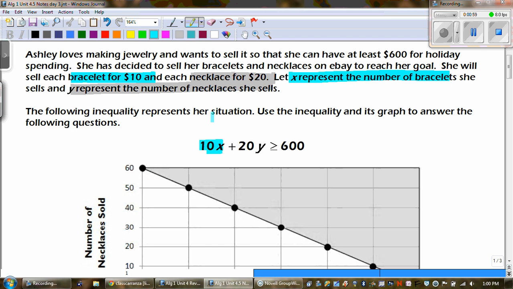So just so I remember, I'm going to write down that X is our bracelets and Y are our necklaces. Okay, so the following inequality represents their situation. Use the inequality and its graph to answer the following questions.